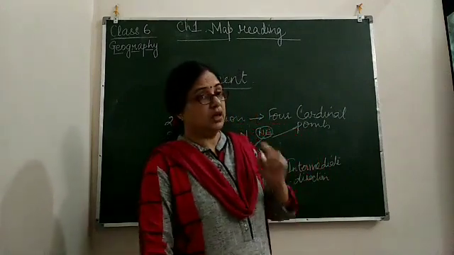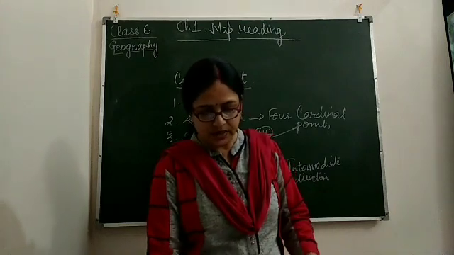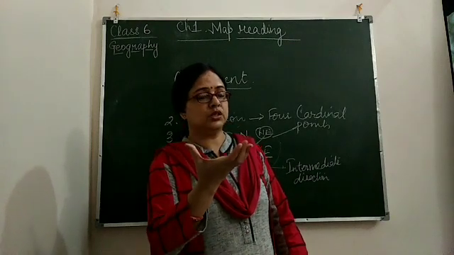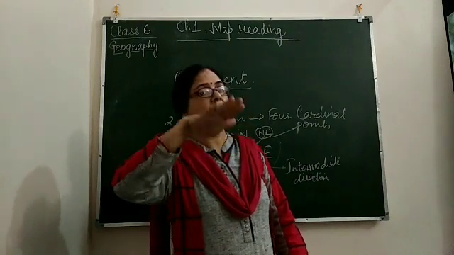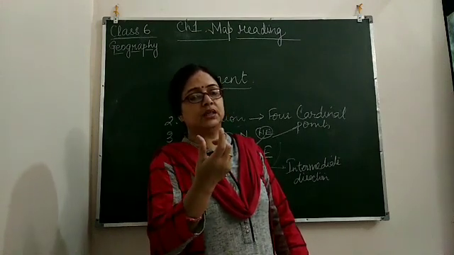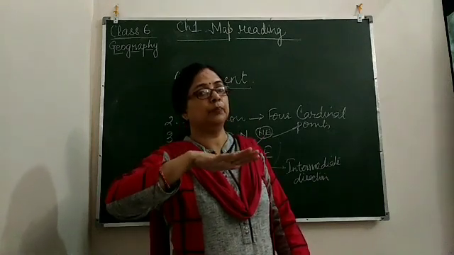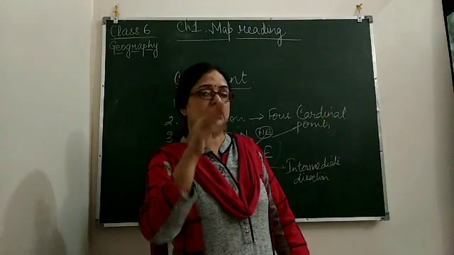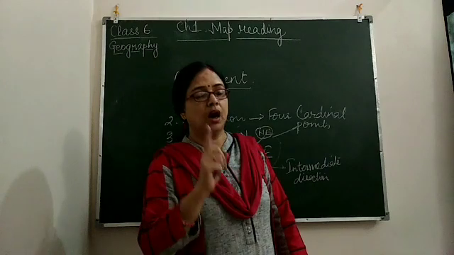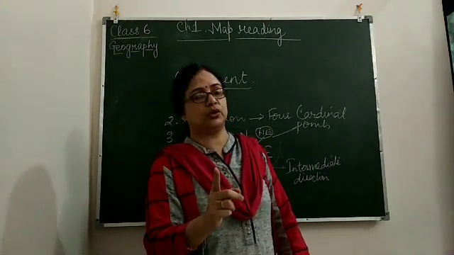Now, different methods are there to measure direction. The first one is using a magnetic compass. It is an instrument which is just kept on a plane surface, and in the center there is a needle which, wherever we keep it, always sets itself towards the north direction.